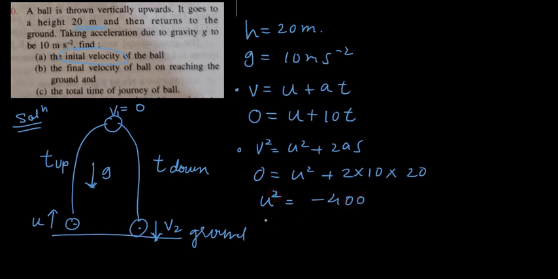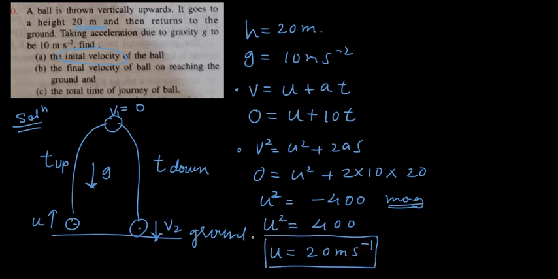Since this is a square, I am taking only the magnitude, not the sign. So this is 400, and we get u as 20 meter per second. So this is the initial velocity. So this value we got as 20. So therefore v2 will also be 20. So therefore we get v2 is 20 meter per second.